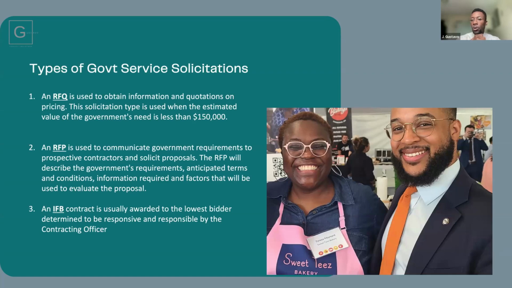If it's less than $3,500, it will most likely be a simple purchase. If it's $25,000 or above, the government may choose, in a lot of cases, to buy through negotiations such as an RFP or an RFQ. So if the amount is more than 25K, most likely the solicitation they put out is either an RFP or an RFQ.